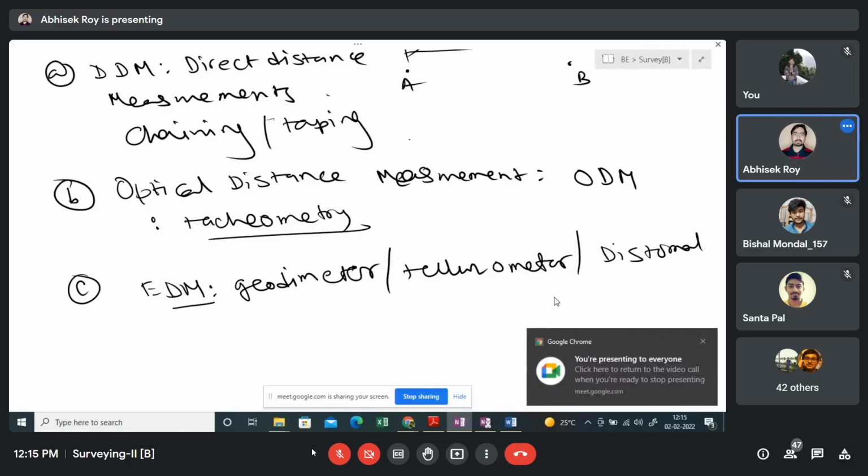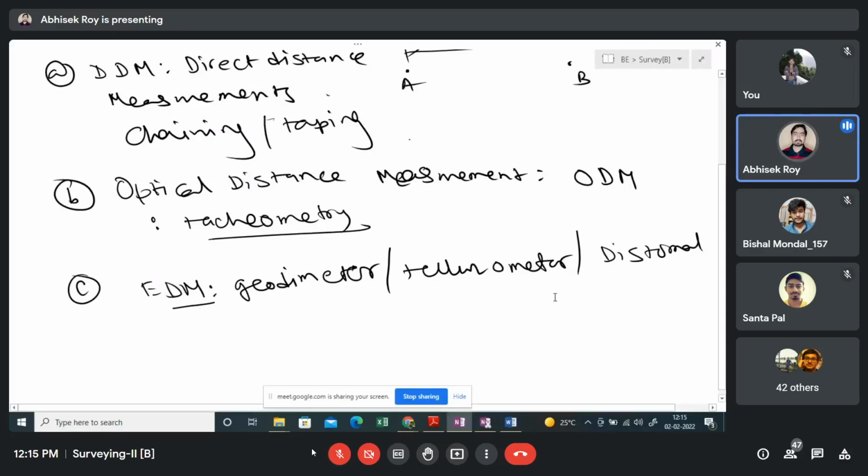Direct distance measurements, like chaining or taping with the help of chain or tape, you can't do if the terrain is difficult. If the terrain is like this, you can't do chaining. That is the problem associated with DDM.